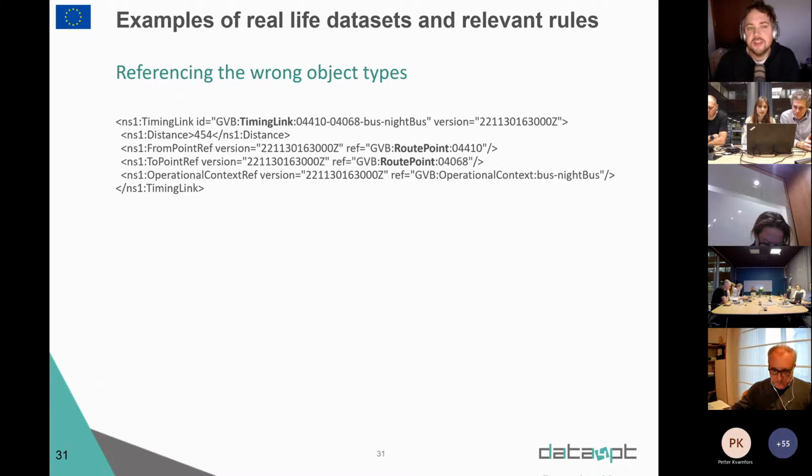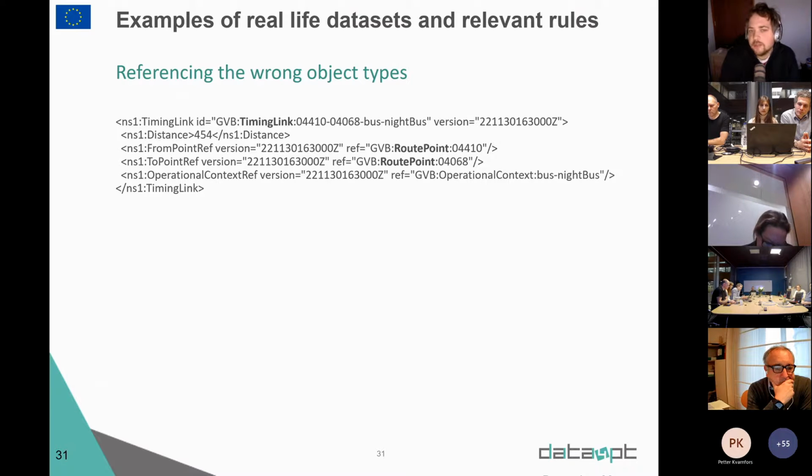What I also noticed is that in the Dutch exports, some operators, I think three of them, started to reference the wrong object type. We are looking here at a timing link, which in the Netherlands data exchange goes from one stop to the other. For example, between two stop points you eventually want to assign the duration, how long the bus would take to go from A to B. As you can see here, this operator, in this case the city of Amsterdam, started to use not timing points or scheduled stop points, which are actually the same kind of category, but route points instead.